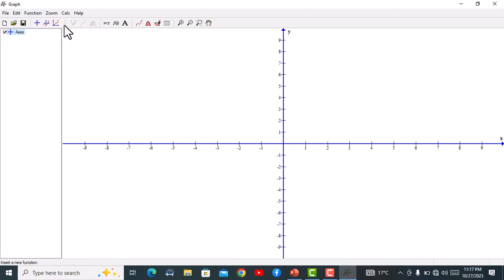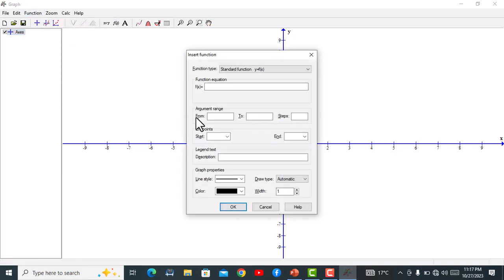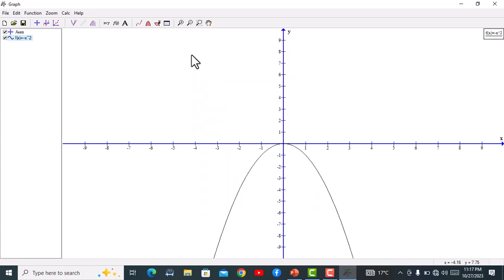So let me just have a mother graph -x squared. Let's draw this from -10 to 10, and let it be the starting point and the end point. Right, we are having a mother graph here.